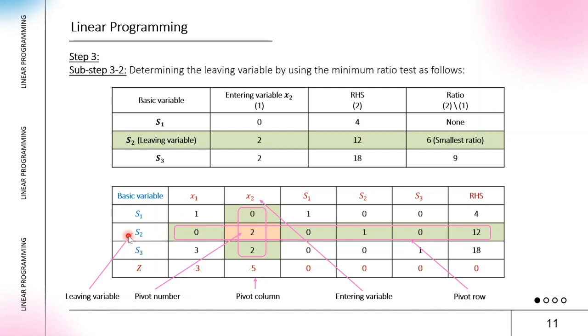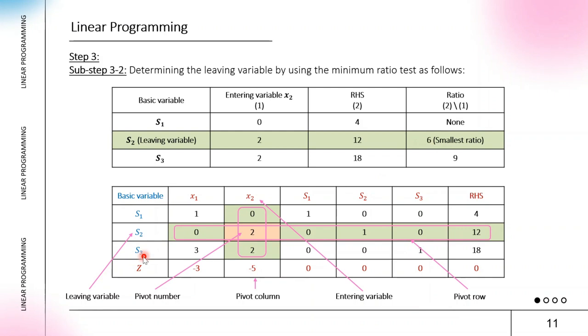For the next row, row S2, the coefficient in the pivot column is 2, as we can see here, and the right-hand side is 12, as we can see from here. Therefore, the ratio is 6.